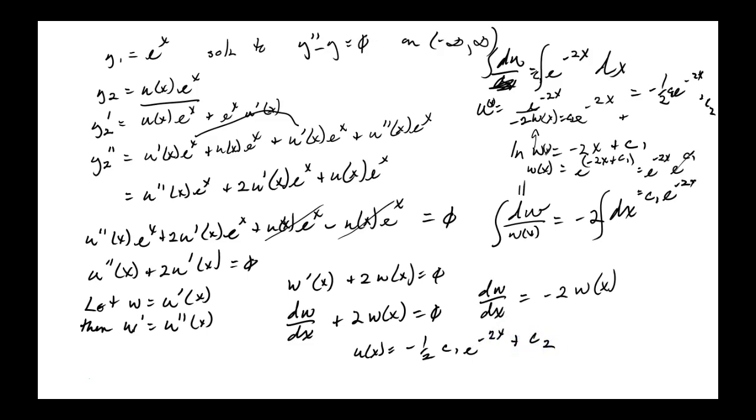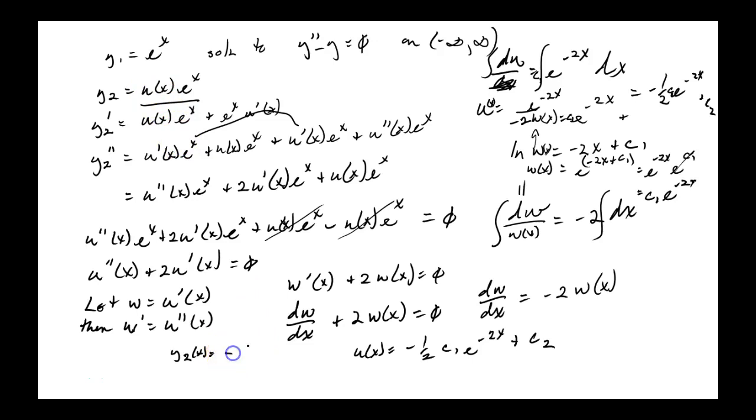All right. Well, what was our u of x? The u of x was, you multiply that by e to the x to get your y2. So my y2 here of x is equal to that multiplied by e to the x.